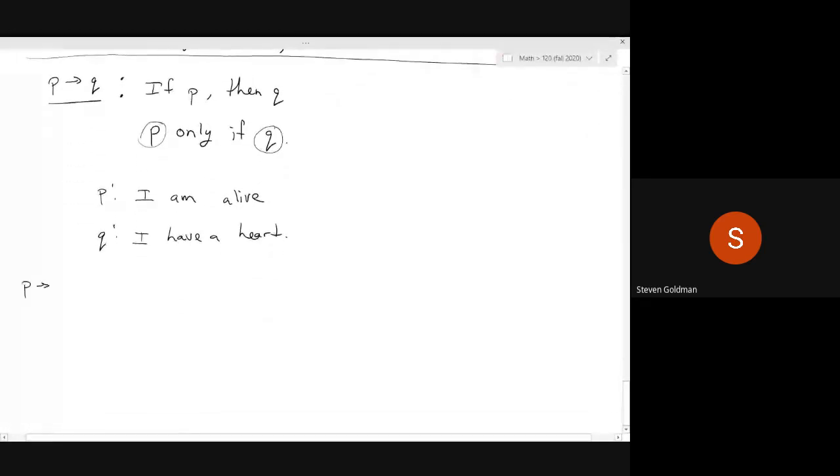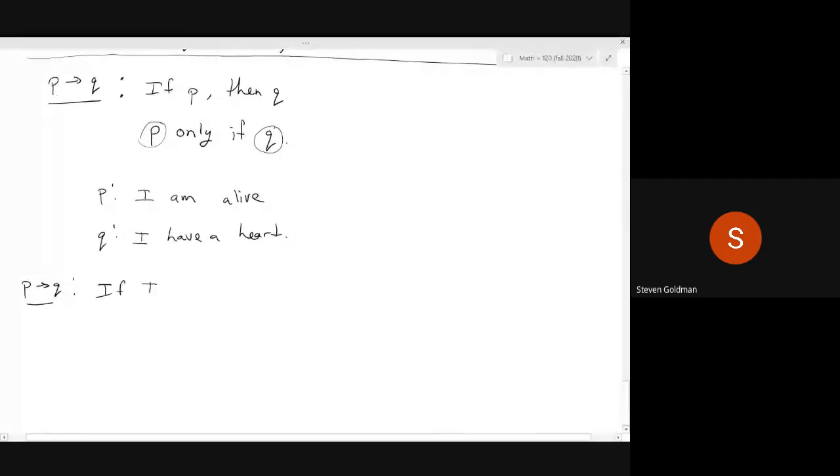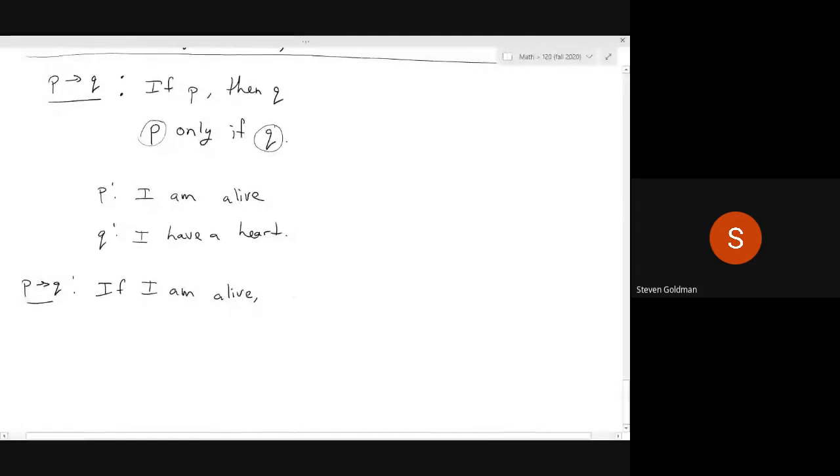So the conditional statement, if P then Q, written as an English sentence in the standard way, would be the sentence, if I am alive, then I have a heart.